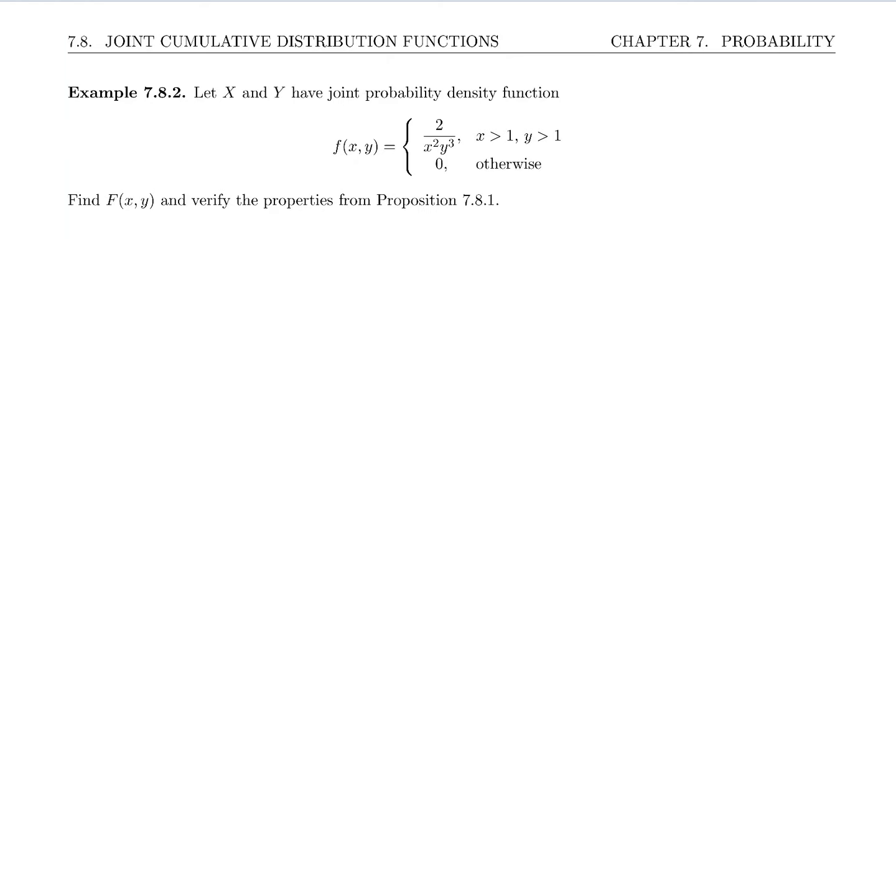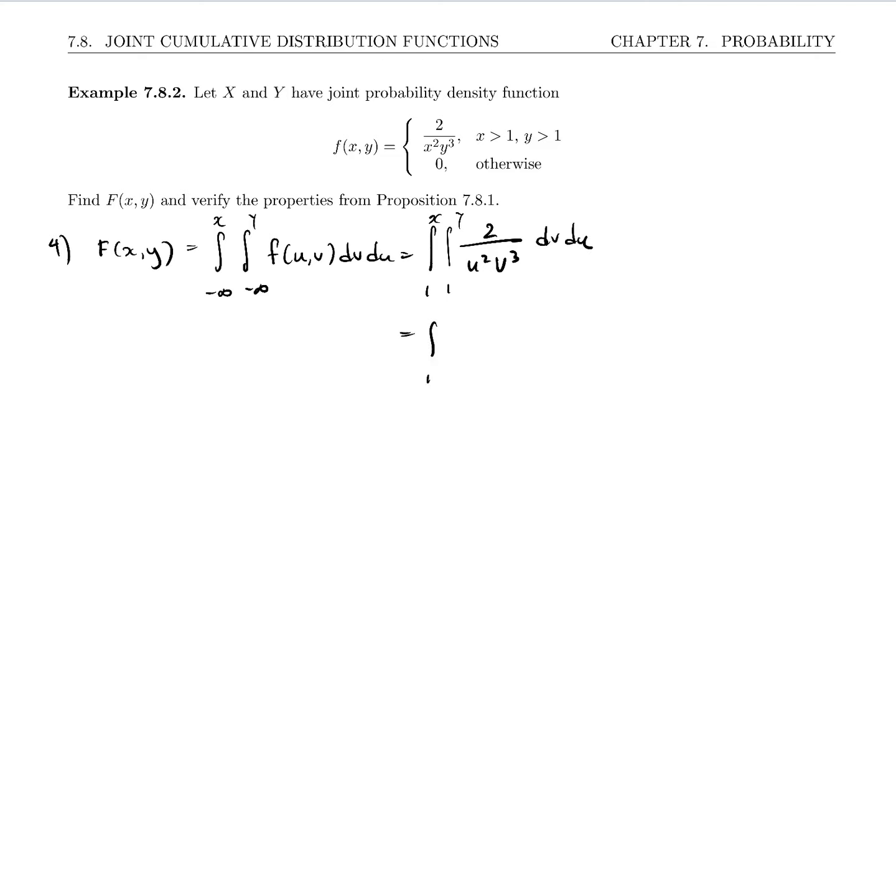So we have F of x y, and that is, by definition, the integral from minus infinity to x, the integral from minus infinity to y of f of u v dv du, which means that we need to integrate from 1 to x and then from 1 to y of the density with dummy variables put in, so u squared v cubed dv du.